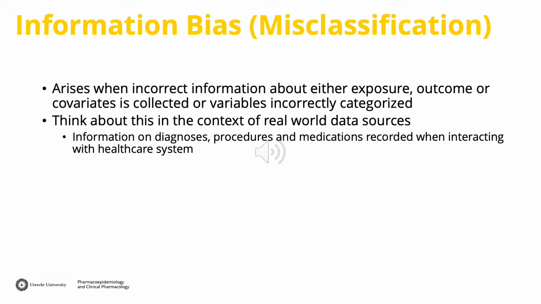So information on diagnoses, procedures, and medications recorded when interacting within the healthcare system is what we use in order to measure our exposures and our outcomes. And this can lead to information bias when these sources of information don't correctly capture those different variables that we're trying to measure.